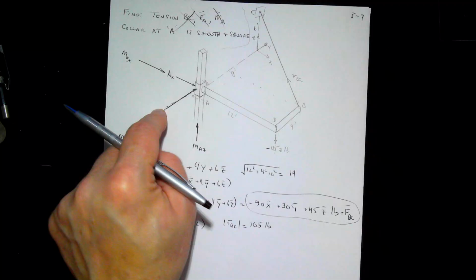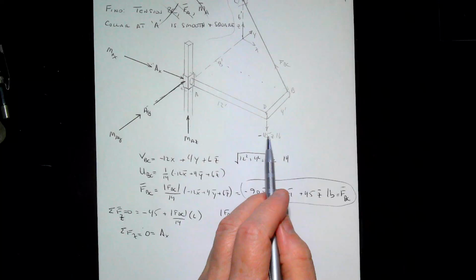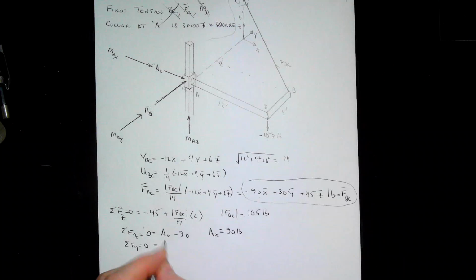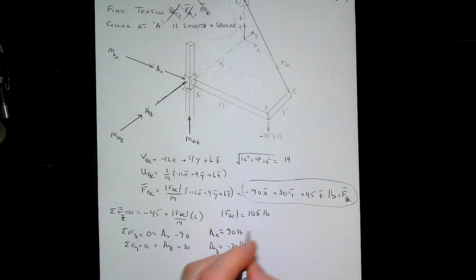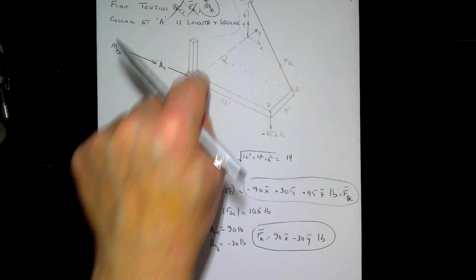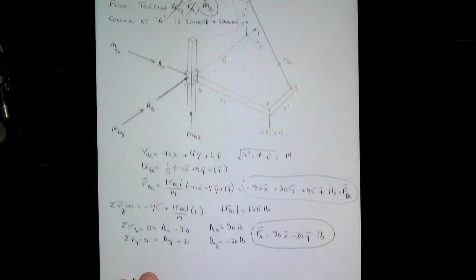If something pushed against here, that would be a force in the y. If something pushed against there, that would be a force in the x. So we can have forces in the x and the y. But note, we cannot have a force by the fence post in the z because there is no friction. This thing is free to slide up and down. All right? So the reactions of the fence post, we'll have to solve for this, but they can be in the x and the y direction.